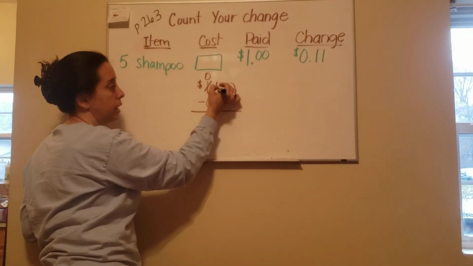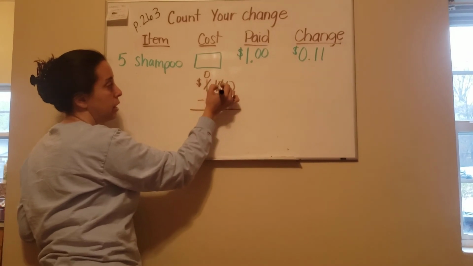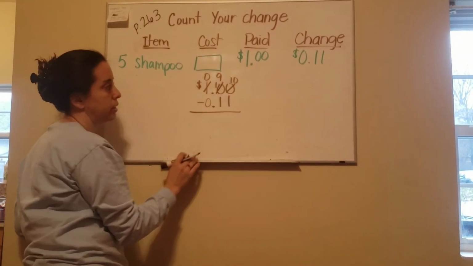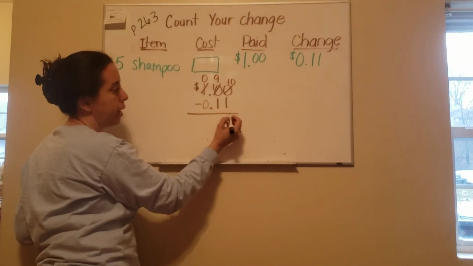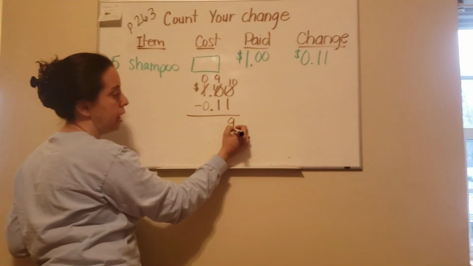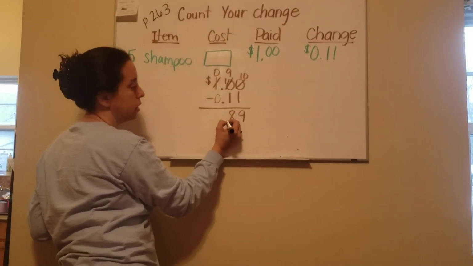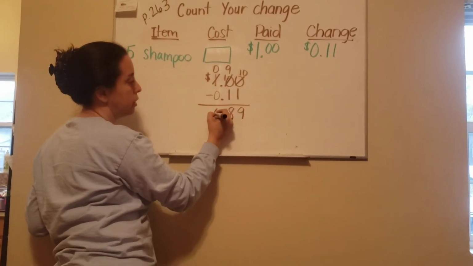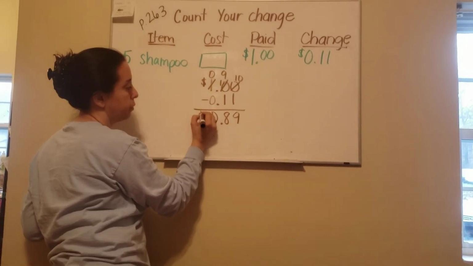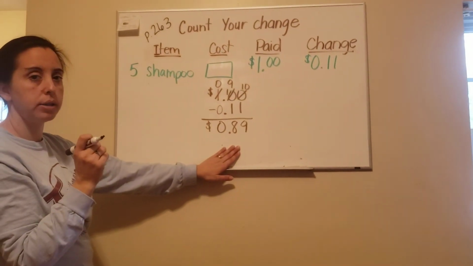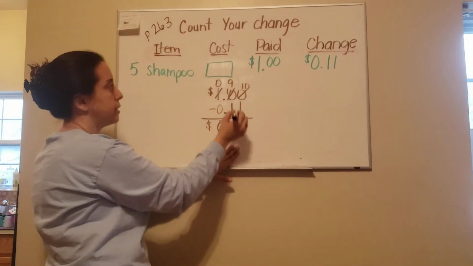My tenths becomes 10 tenths. Now I can subtract. That becomes a 9, and this becomes 10 hundredths. So 10 minus 1 is 9. 9 minus 1 is 8. And 0 minus 0 is 0. So how much did the shampoo cost? 89 cents.